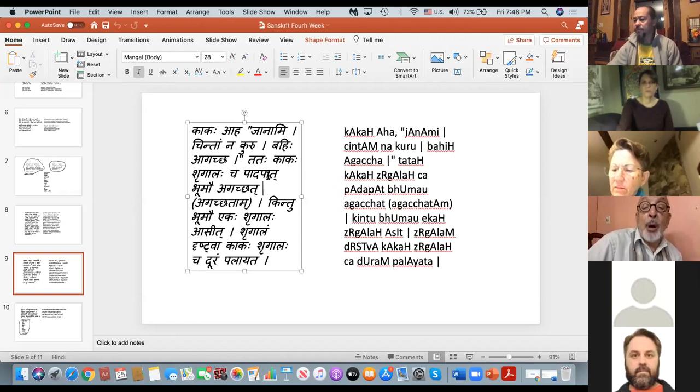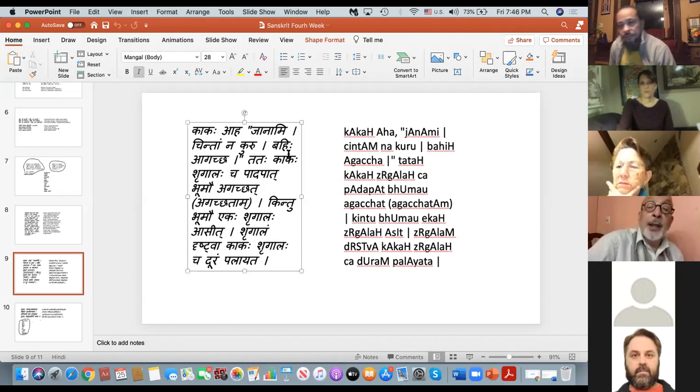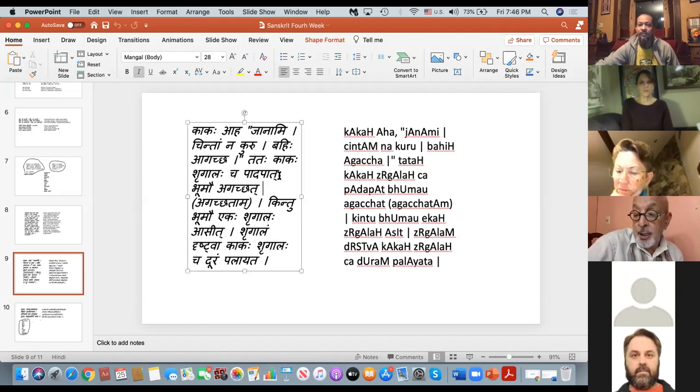Padapat: padapa is a tree, padapat means from the tree. The crow and the jackal went to the ground from the tree.